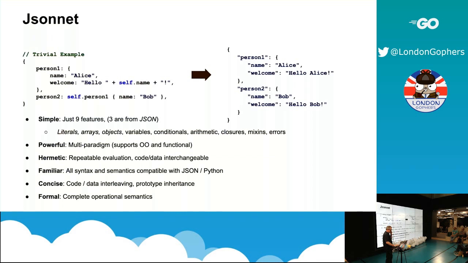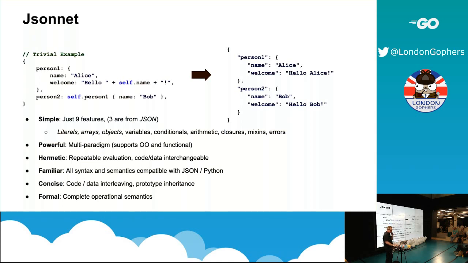So you can say with a bit of hand waving that it's only got 9 features, 3 of which are from JSON itself. So the first 3, literals, arrays, and objects. There are no arrays over here, but you can see the literals are like strings, and the objects are the bits between the braces. That's JSON terminology, but you can call them dicts if you want. The others, variables, conditions, arithmetic, closures, mixins, and errors, together give you a relatively powerful language.